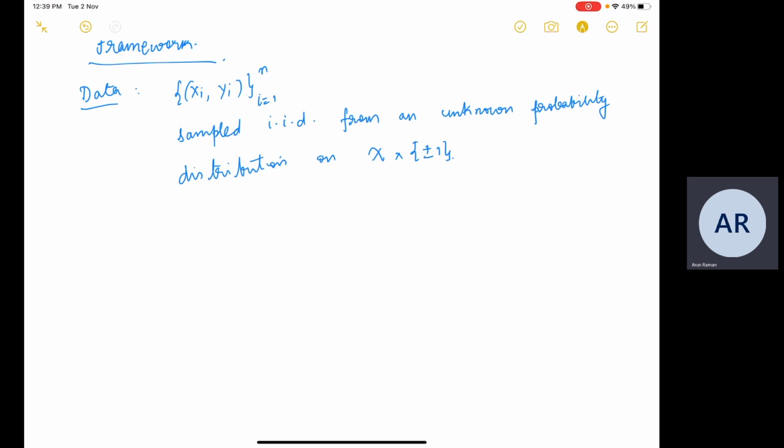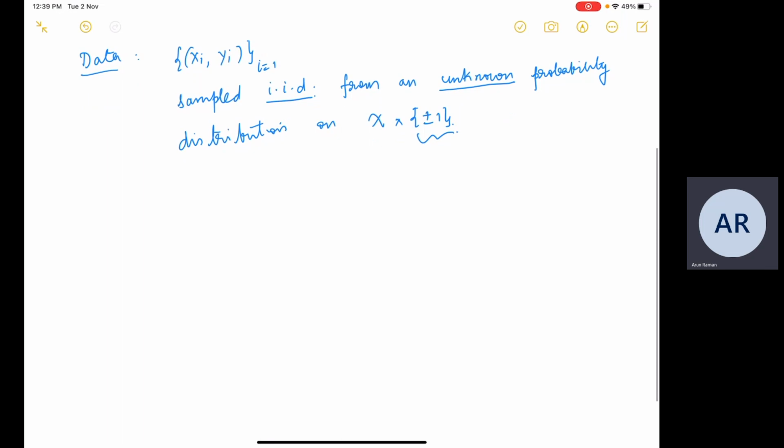Okay. So here, since we are considering the classification problem, that is why we have this. So two important aspects of a machine learning problem. First is that the probability distribution is unknown to us, and second is the assumption that the data is IID.